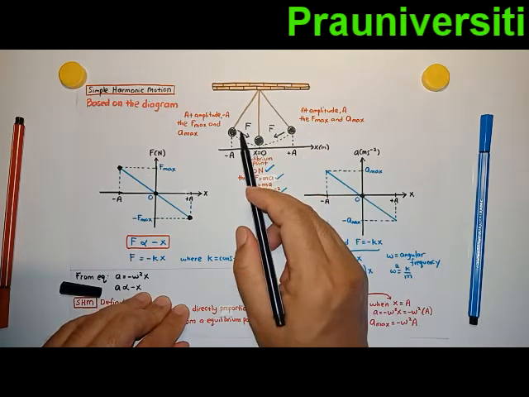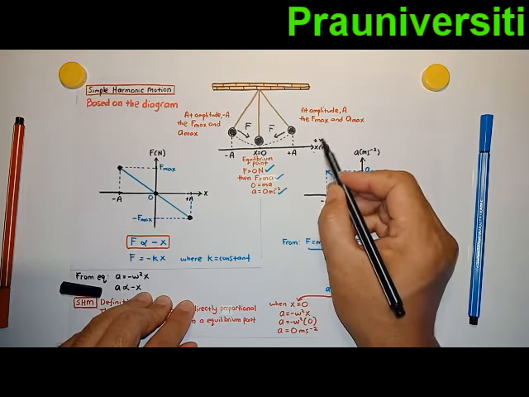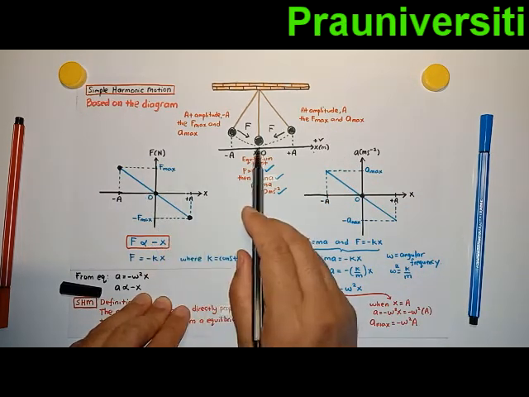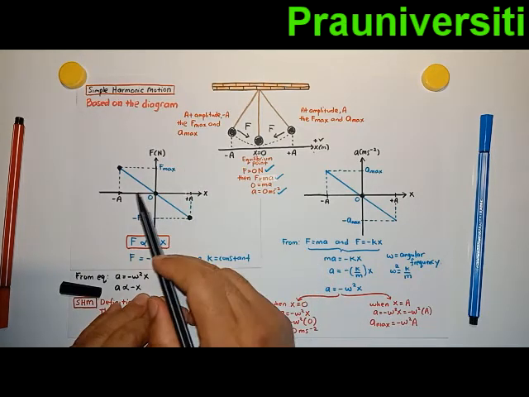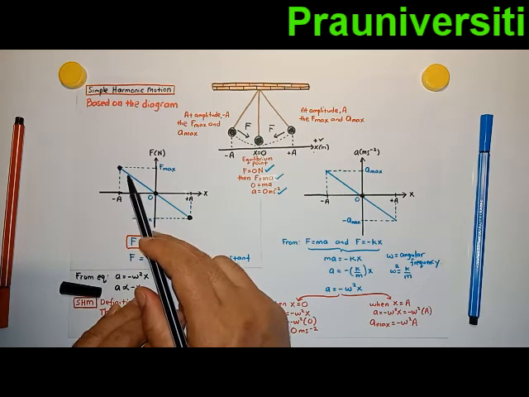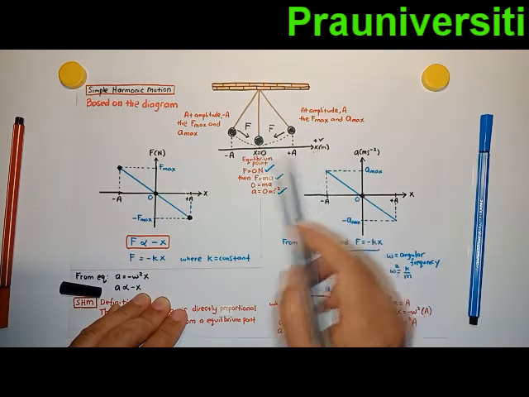This means the direction of the positive x. Here is the positive x, to here is a negative displacement. That's why the graph for the F here is at negative displacement, but the F is positive because the direction is toward the positive x.